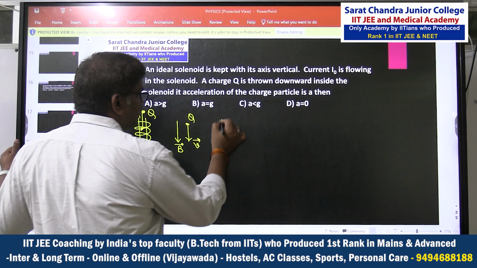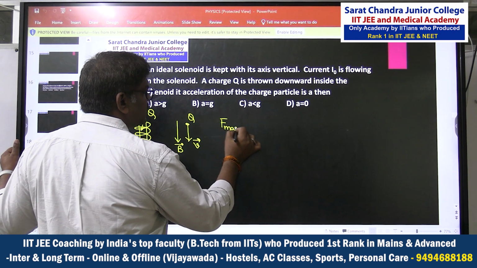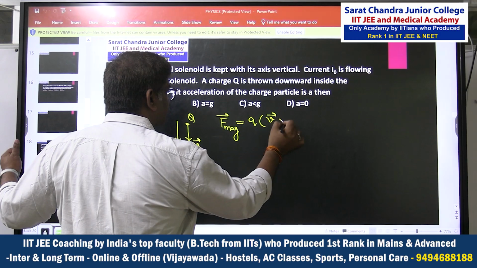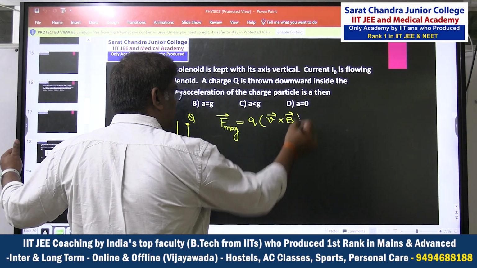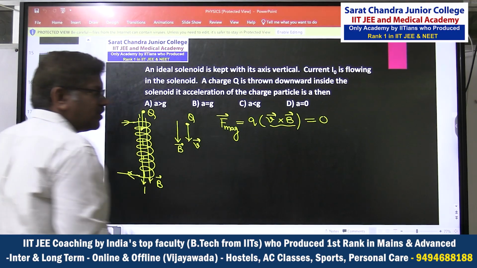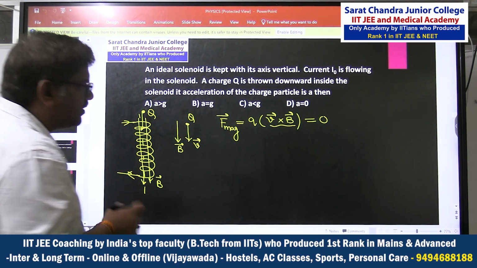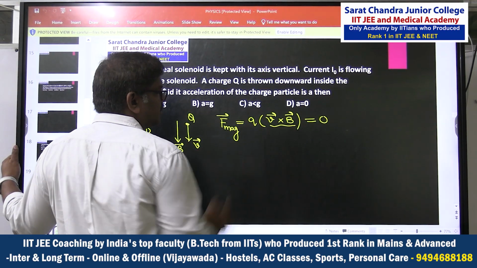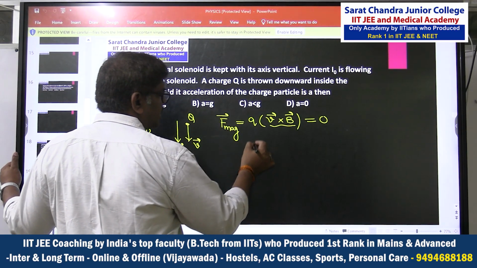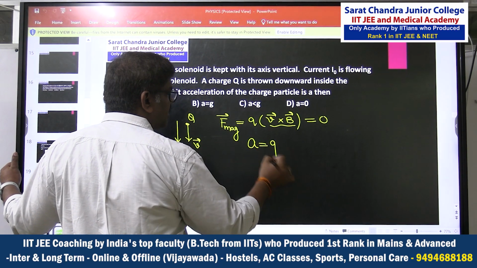As you know, the magnetic force on a moving charge is Q into V cross B. That means for the parallel direction, this force becomes 0. So because of this magnetic field of the solenoid, there will be no force acting on the charged particle. It will not affect the acceleration, and that's why the acceleration of this charged particle becomes G.